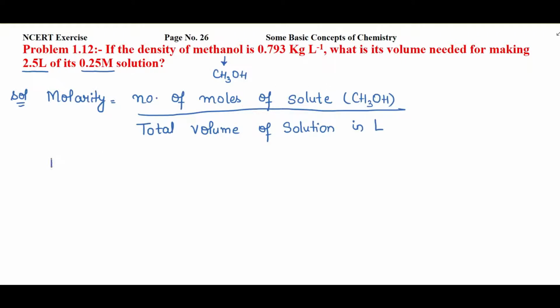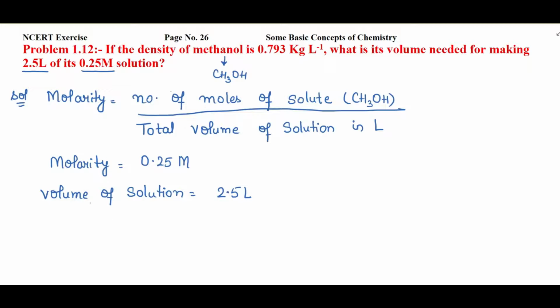First, molarity is given in the question, that is 0.25 molar. Next, they have given you the volume, right? So you have to make this solution up to 2.5 liter. So I'll take volume of solution equal to 2.5 liter.